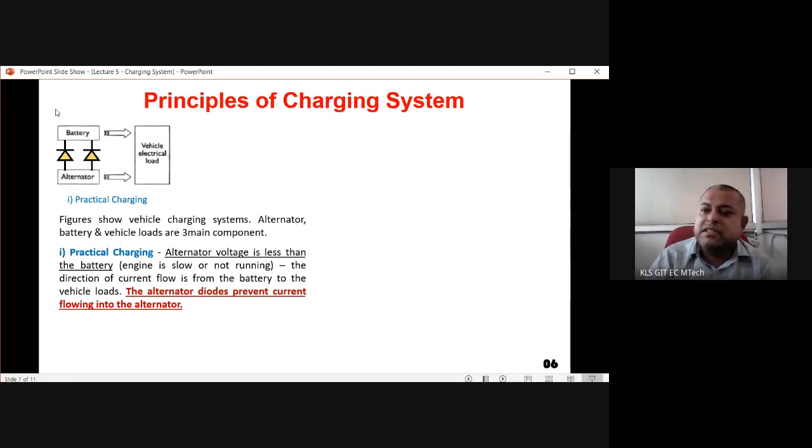It will not happen in reverse. From battery to the alternator, there should never be any current flow. This is a very important thing: if the alternator voltage sometimes falls below the battery voltage when the engine is running or slow, the direction of current flow might be from the battery to the alternator. Battery to the vehicle load is okay, but battery to the alternator should not happen.